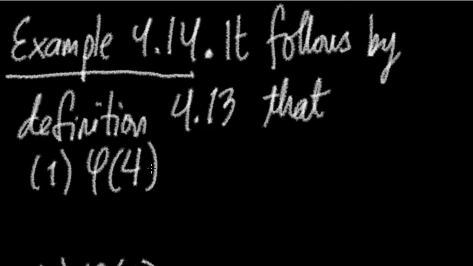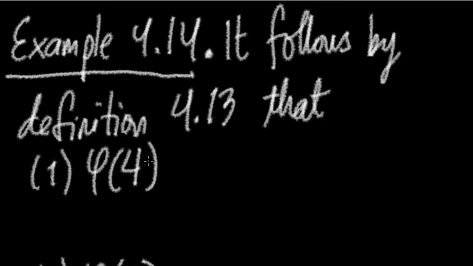Since our m is equal to 4, we're going to think of the number of positive integers which is less than or equal to 4, and which are relatively prime to 4. That is, they don't have common factors. That is, their GCD, if we're going to pair them, is 1.